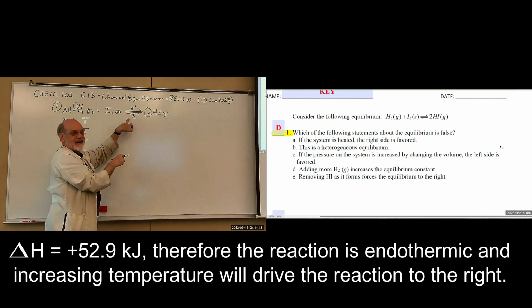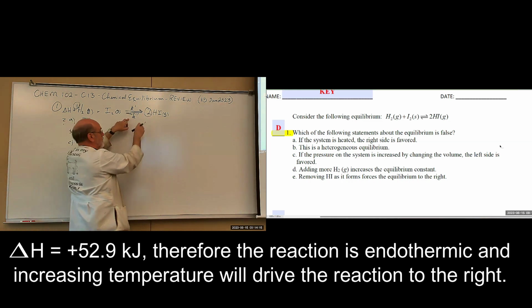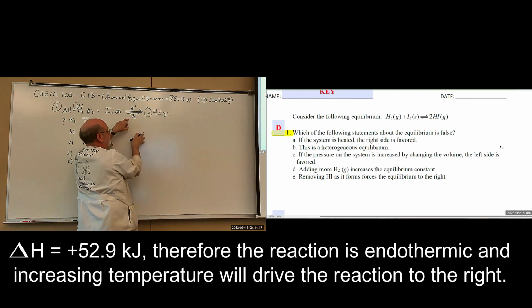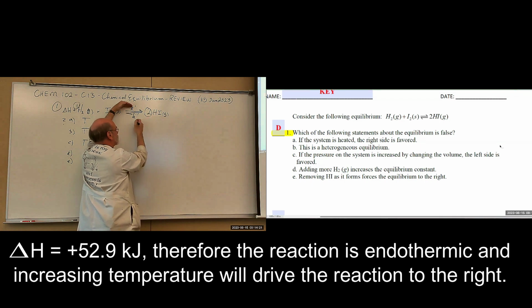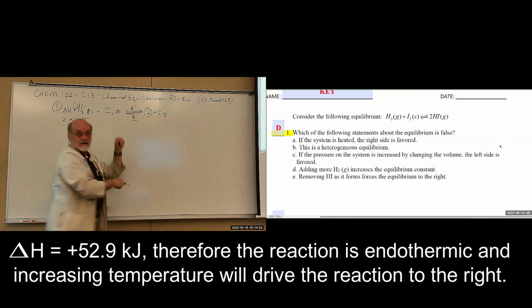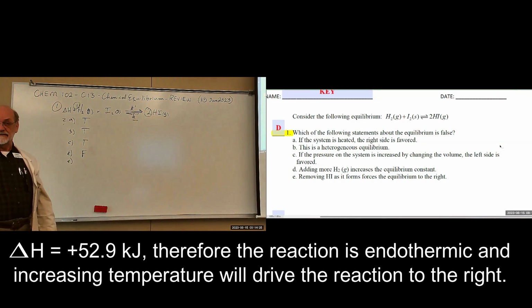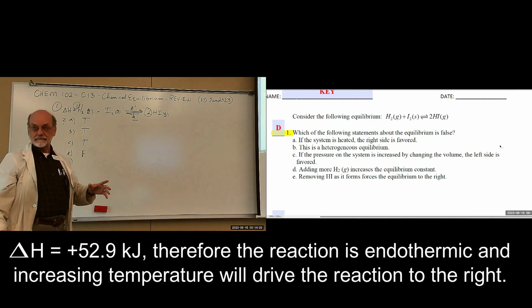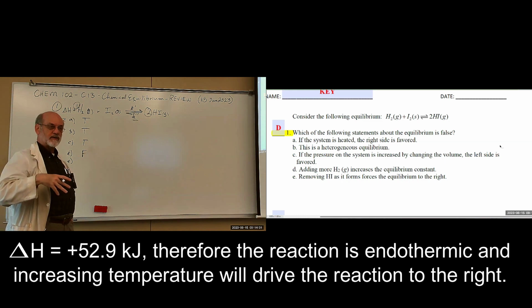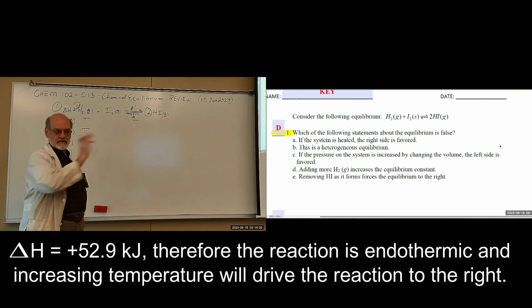So in order to get them back into balance, we need more of this. So this one is going to dominate until we have enough of this to balance that one against the forward reaction. So the reaction is going to shift to the right in terms of concentration. So the equilibrium position shifts to the right.